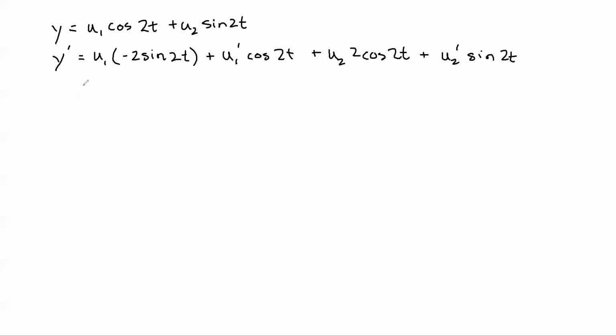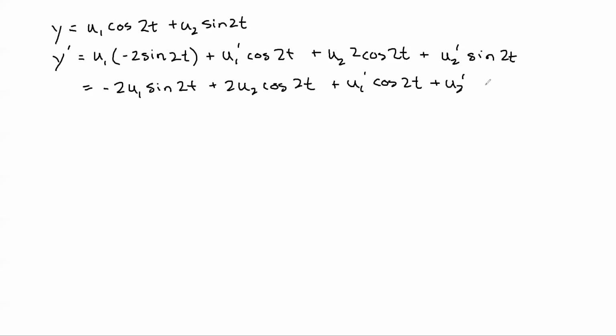And then we can group these. We'll take the non-derivatives first: negative 2 u1 sine 2t plus 2 u2 cosine 2t. And after that, we'll have u1 prime cosine 2t plus u2 prime sine 2t.